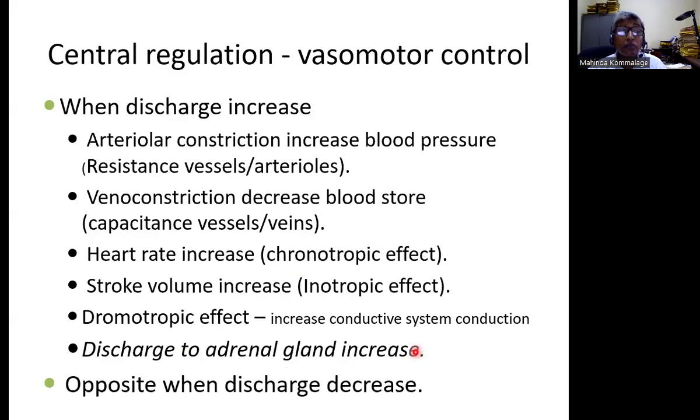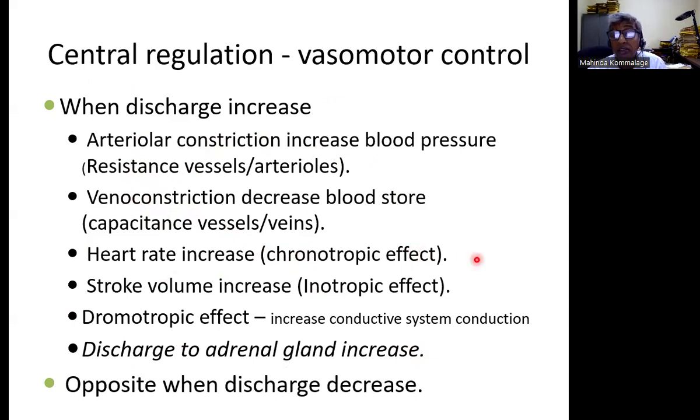Now, when the vasomotor center RVLM is activated, it will send impulse to arterioles and constrict the blood vessels, and to veins and venules, constrict the venules. Probably you remember I mentioned the set of veins that can also be controlled through the neuron. So it acts on arterioles and venules, and acts on the heart.